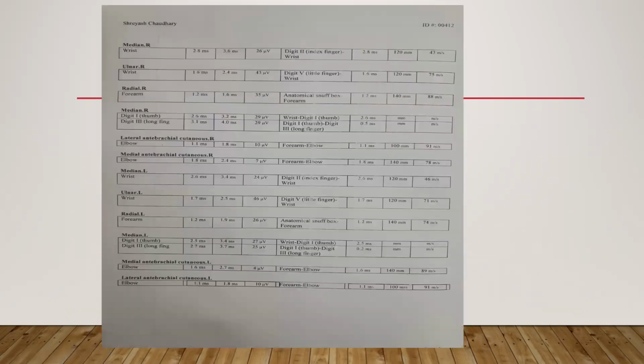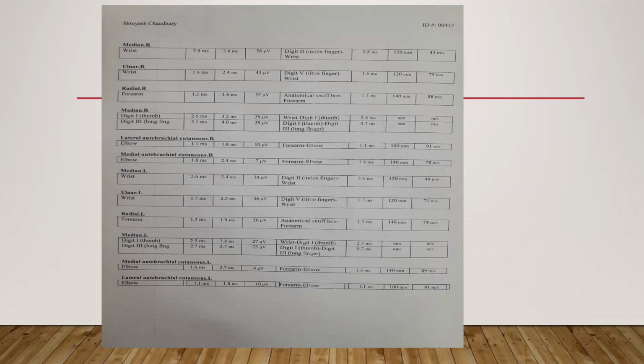So this is the nerve conduction study. Right median shows normal latencies and no, this is motor, ma'am. Sorry, this is SNAP, no? A SNAP. Okay. Right median shows normal latencies, normal SNAPs and normal conduction velocities. Right ulnar shows normal latencies, normal SNAPs and normal conduction velocities.